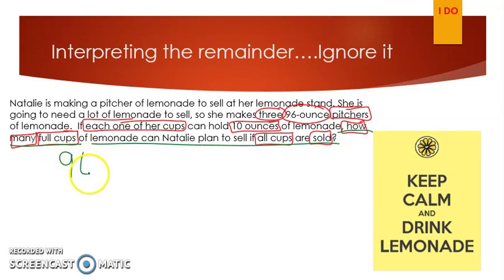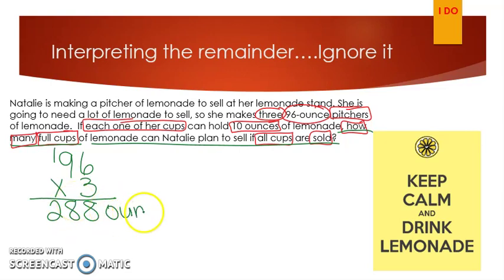So we're going to have 96 times 3 in order to get our dividend, the total number that we're going to be dividing the number of cups by. So 96 times 3, 6 times 3 is 18, 9 times 3 is 27, plus 1 more is 28. So we have 288 ounces of lemonade that we're going to be working with.